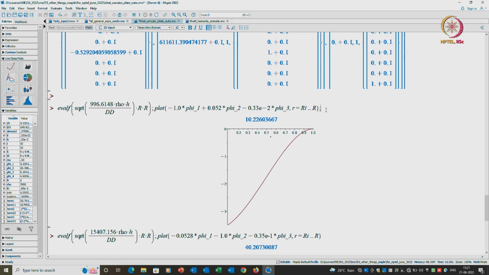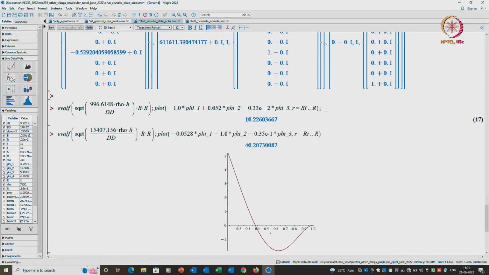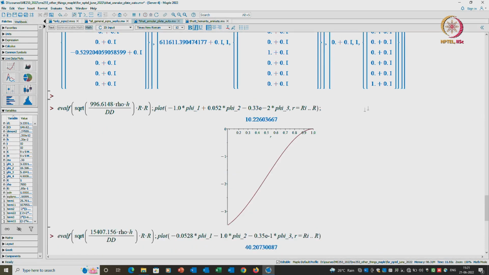So if I run it, you can see that I get 10.22 as a non-dimensional frequency, and the hole is below this. It's a small hole. So the annular plate begins over here, and it ends at the outer edge.